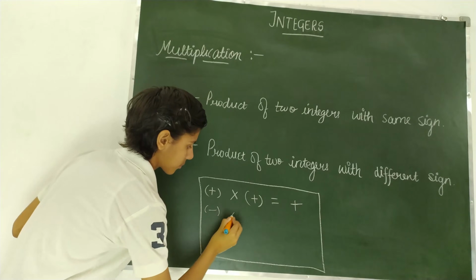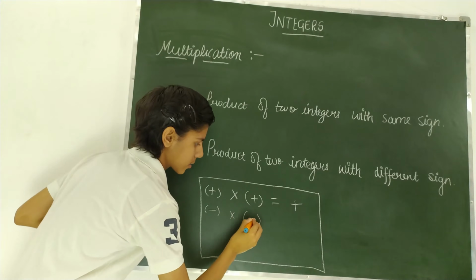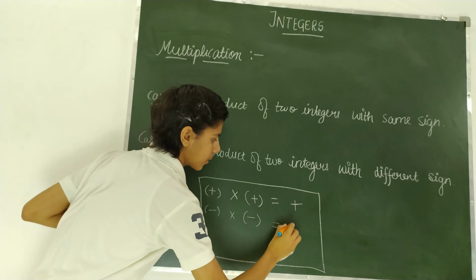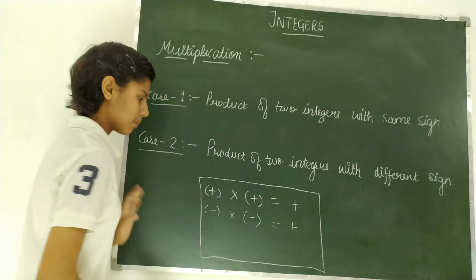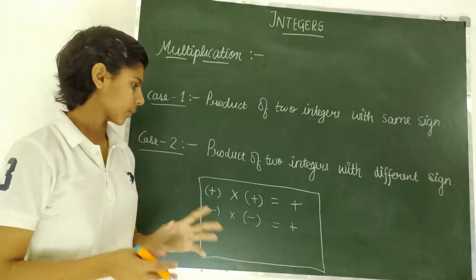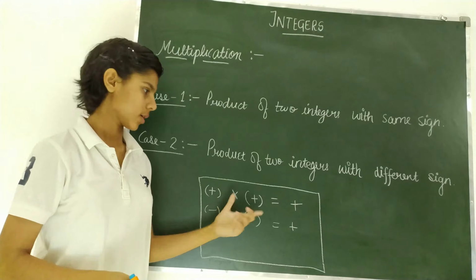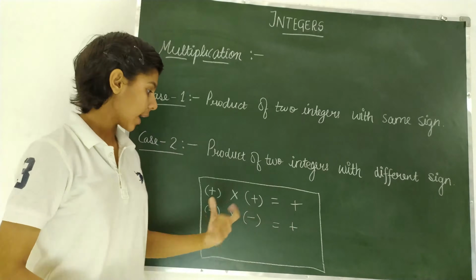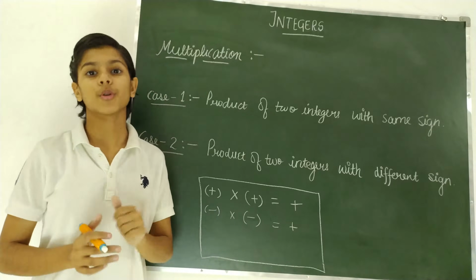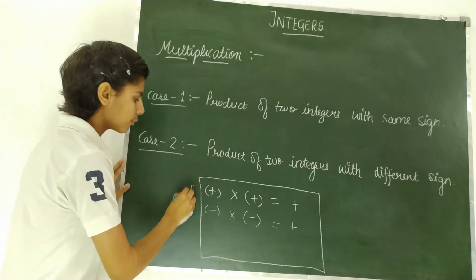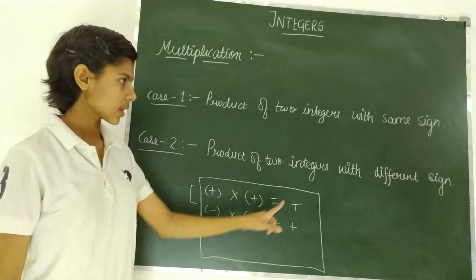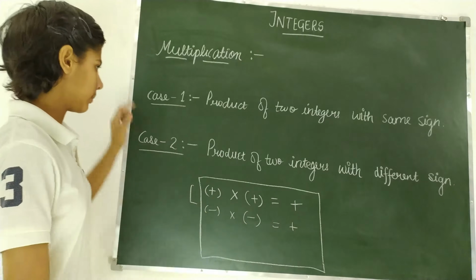Minus into minus, the answer will come positive. Means if both numbers we are multiplying are positive, then the answer will be positive, and if both numbers are negative, then the answer will also come positive. These both show the first case, means both numbers are having same sign, then the answer will come positive.